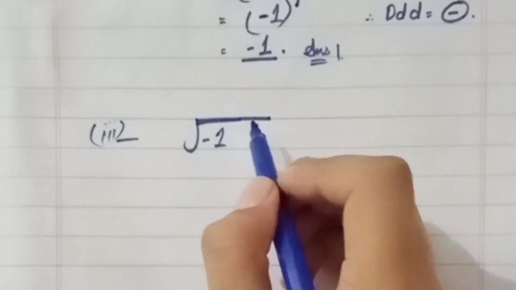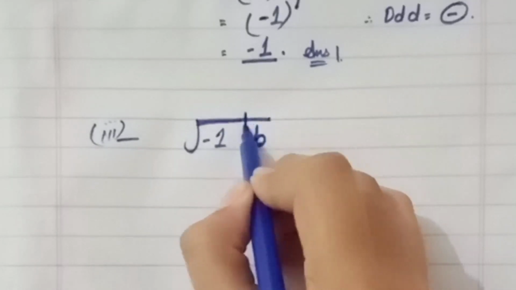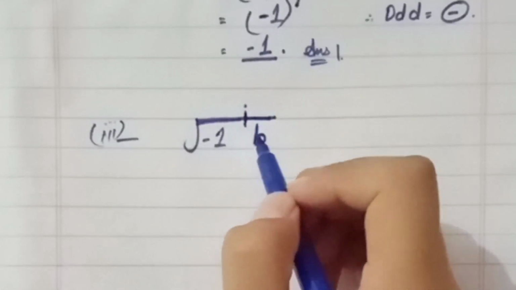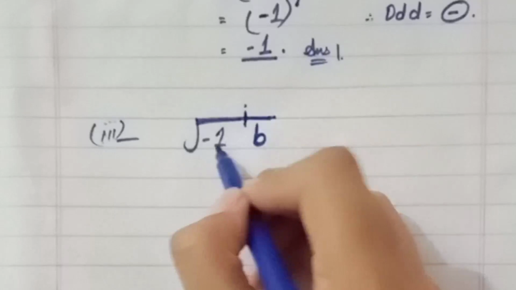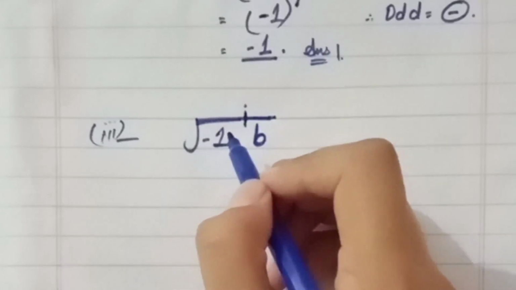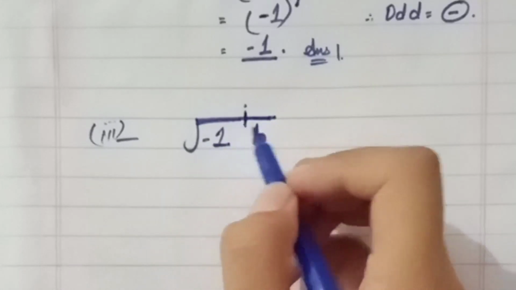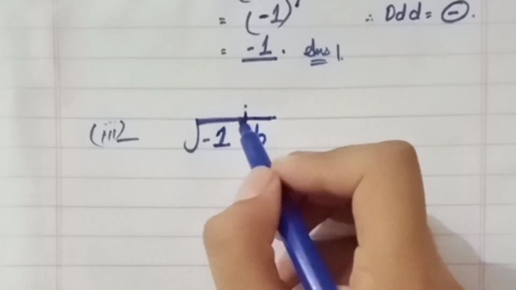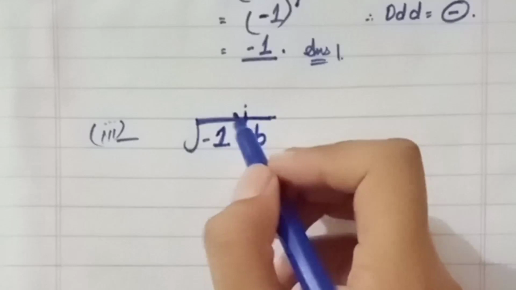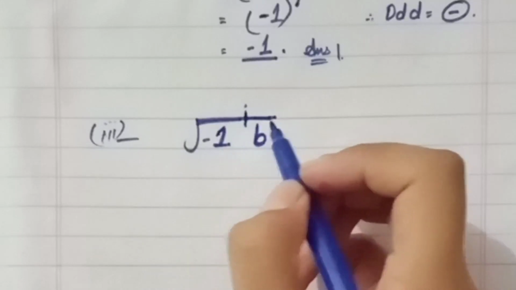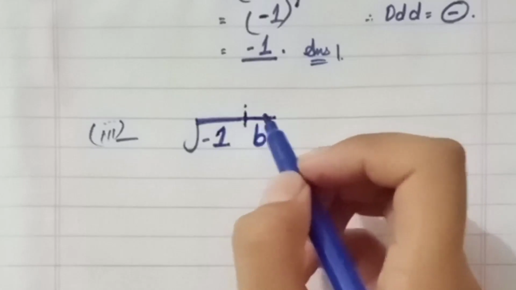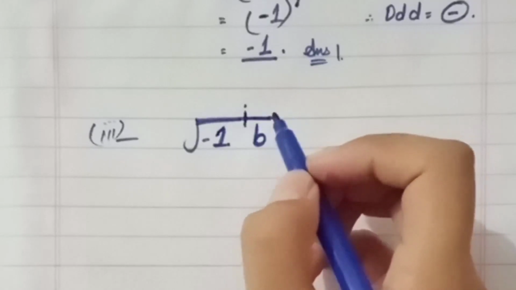So check where the under root ends. That is a big mistake, and your answer will obviously be wrong, and you will get no marks. So please focus on the question in math, because the question is more important than the answer. If you don't understand the question or know the method, how would you solve it?